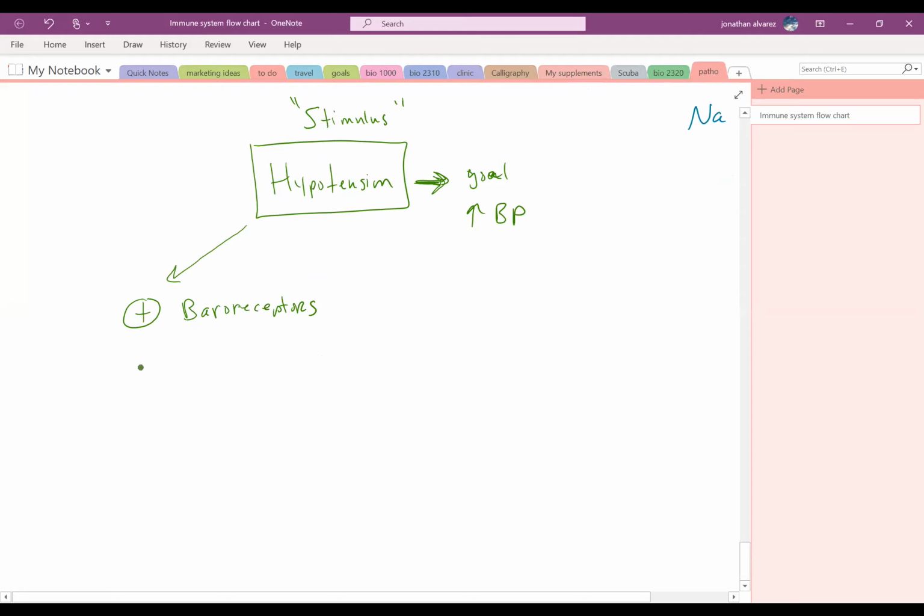And you also will activate your sympathetic nervous system. Okay, so when you see the sympathetics, you should automatically think epinephrine, norepinephrine. Okay, this is fight or flight stuff, right? So then your usual suspects of sympathetics kick in, such as increased heart rate and increase the force of your heart contraction.